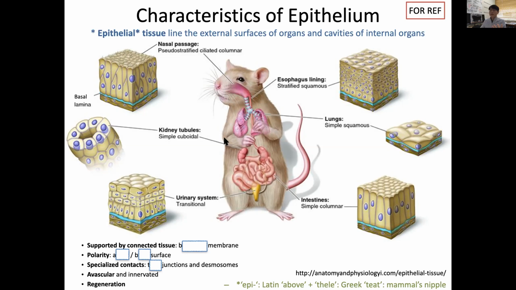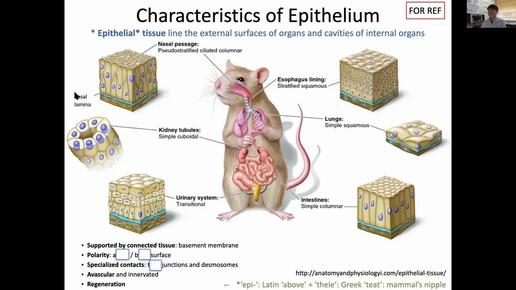So one thing: while their shapes and types look different, there's something in common here. You can see this blue, which is in fact a pseudo color, lining underneath the epithelium. That means all epithelium sits on a surface, a connective tissue called the basement membrane.